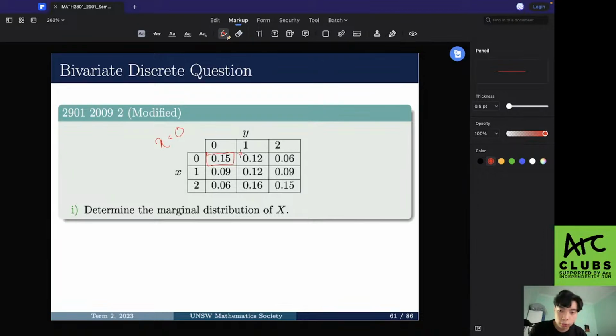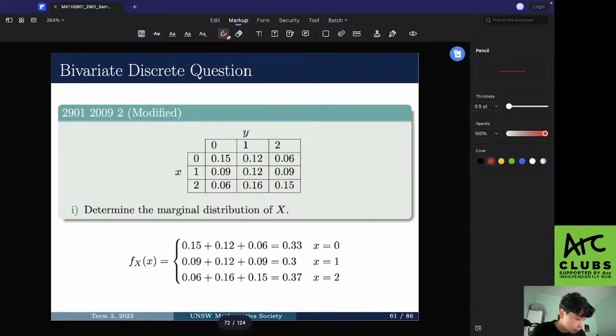So that's 0.15, 0.12, and 0.06, and that gives us 0.33. And we can keep doing this for the rest of the rows, and that would give us row 1 to be summed up to 0.33, row 2 to be summed up to 0.3, and row 3 to be summed up to 0.37.